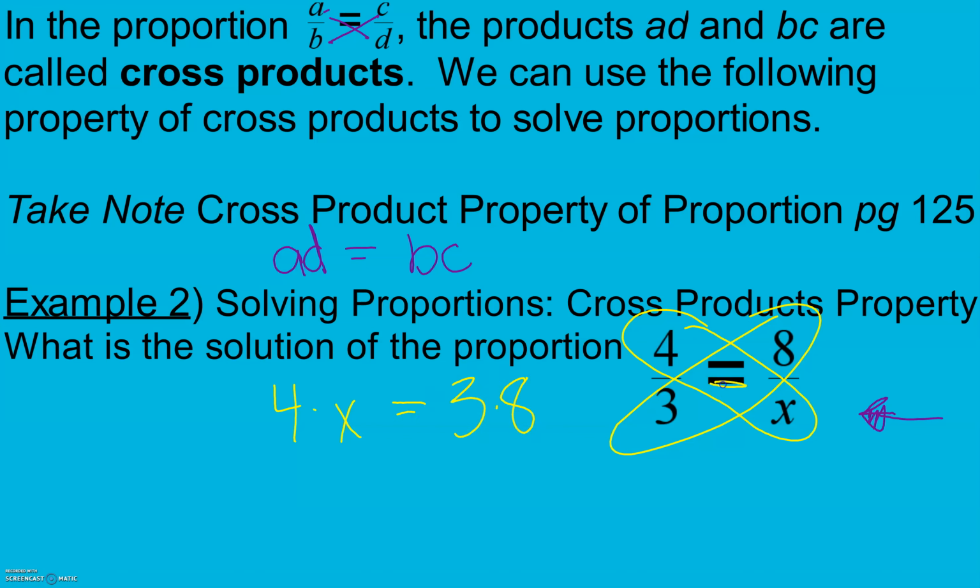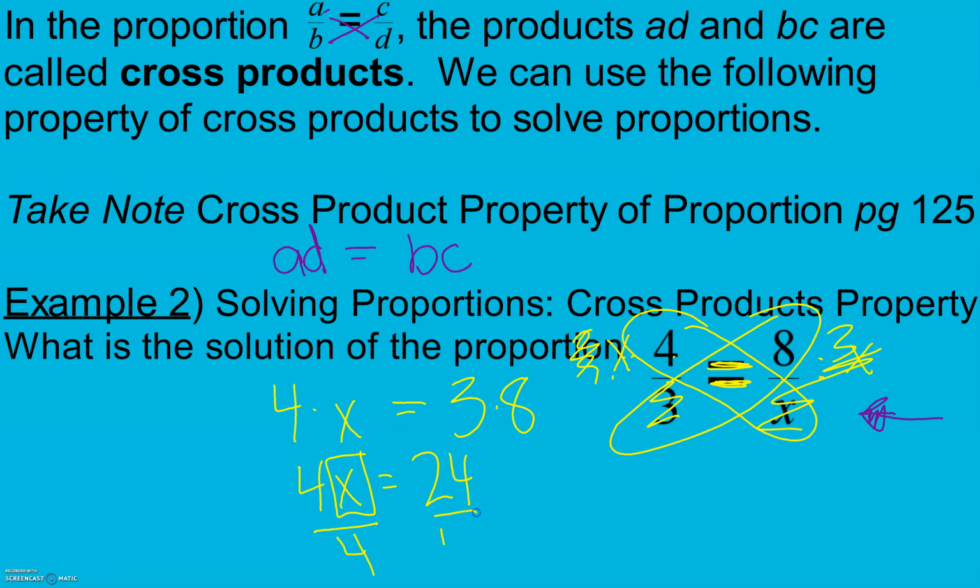And this works anytime we have two fractions set equal to each other. It's like we multiply by x to get rid of our division, and then we multiply by 3 to get rid of our division. So I have 4 times x and 8 times 3. Cross products. So we can simplify our left side, simplify our right side, and solve for x. Right now x is being multiplied by 4.